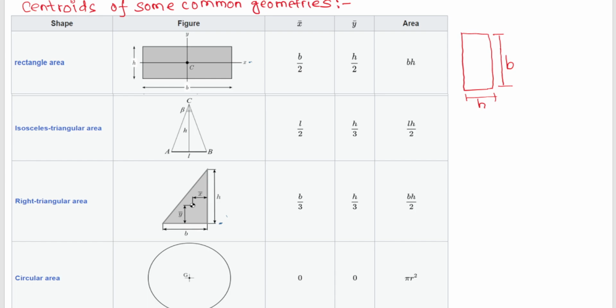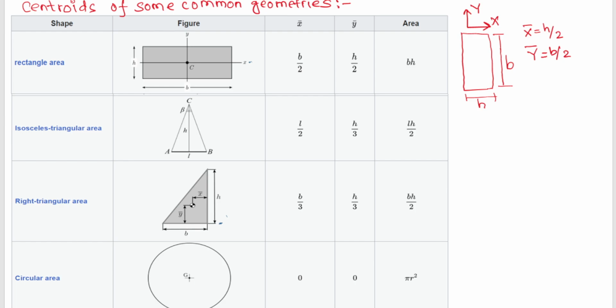So in this scenario, you see the dimensions have changed. This is my x direction and this is my y direction. So now for x bar, the value will be h by 2, and for y bar, the value will be b by 2, which is completely opposite of what we have studied before. So it's not only about the geometry, it's about how it is placed.